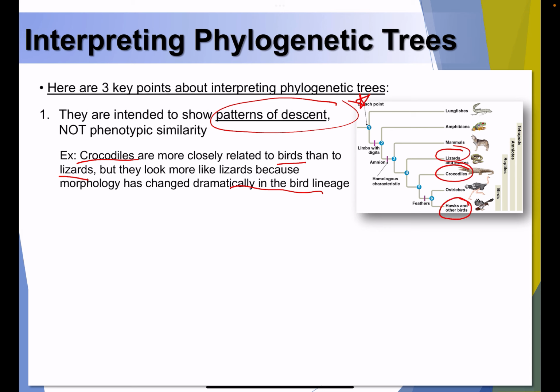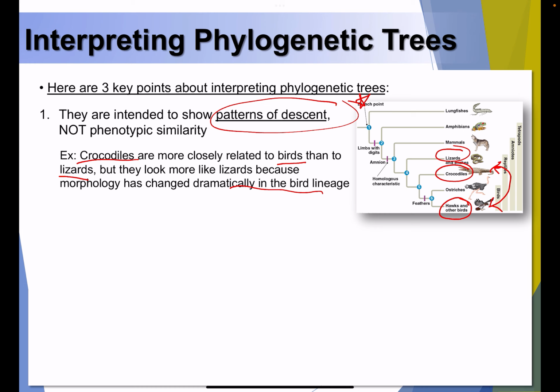Technically speaking, birds are actually more closely related to crocodiles. But morphology wise, we would say that crocodiles look more like lizards. They have scales, etc. You wouldn't say a bird looks like a crocodile. No one will say that.